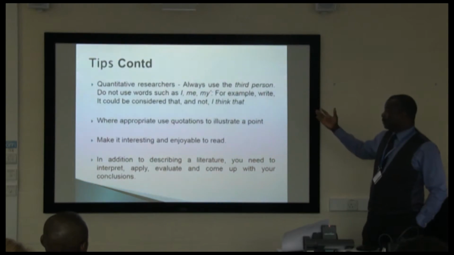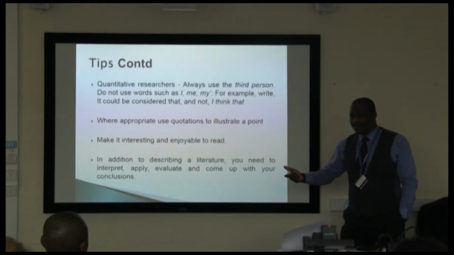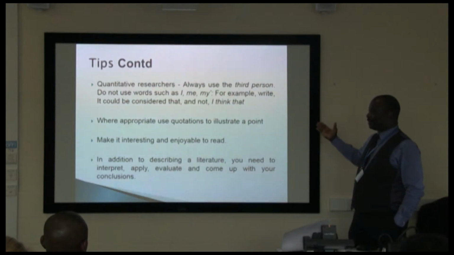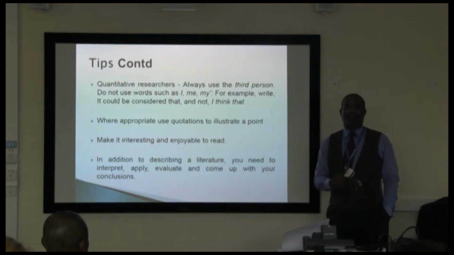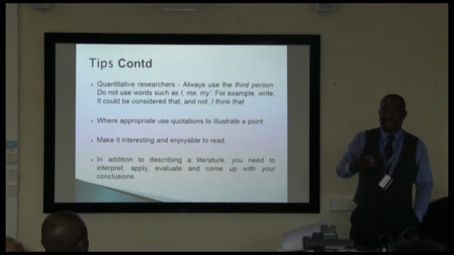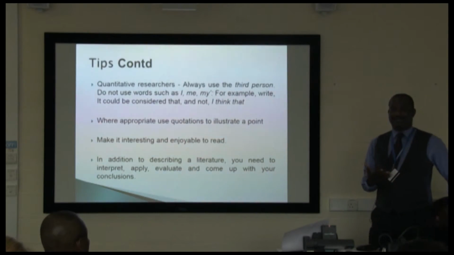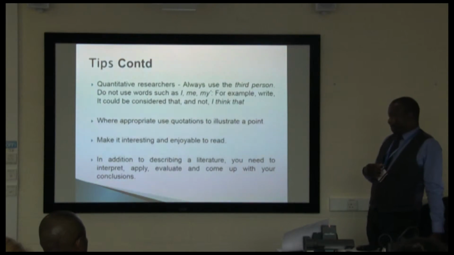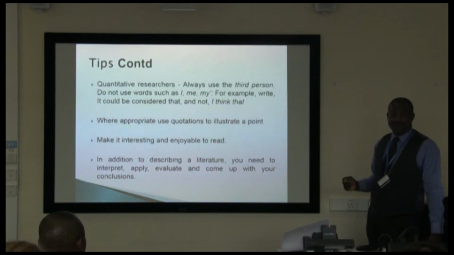For example, rather than say I feel or I think, you need to put it in a different context and say it could be considered that, or it may imply, or it implies, or it suggests. Does that make sense? So that's the way you need to write your thesis. Quantitative, but as I said, qualitative, you might be allowed to say something like I, me, my. You'll be able to get away with that. But quantitative, you're not likely to get away with that.